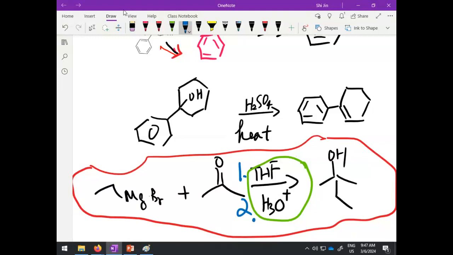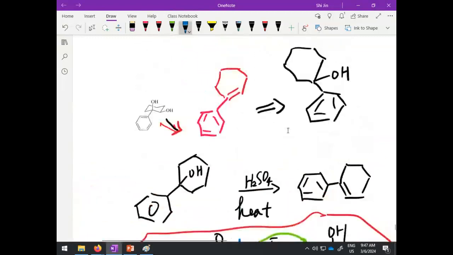But usually THF. For most practical purposes, they are the same. So that's what I noticed in many of you. If you lose points from that, it can be easily avoided.